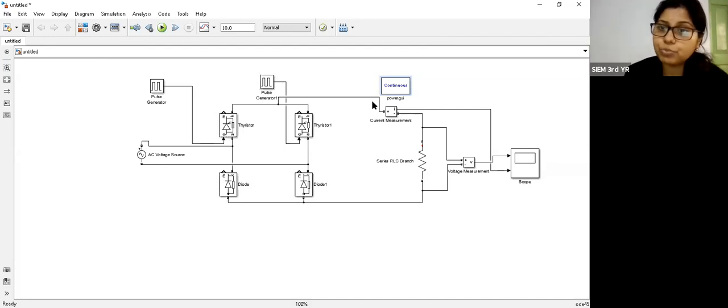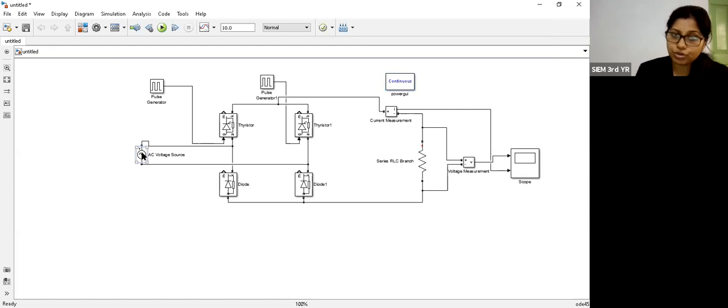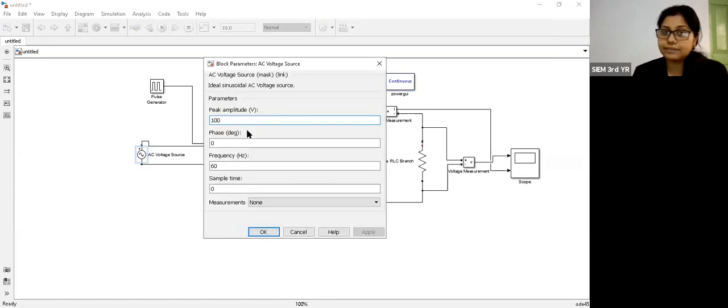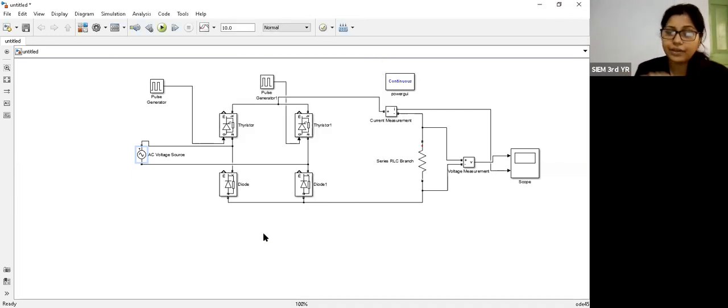So now we have to put the parameter values. First of all, the source voltage. We are choosing 220 volt, and the supply frequency, we know, is 50 hertz. I will write each and every parameter value, don't worry.